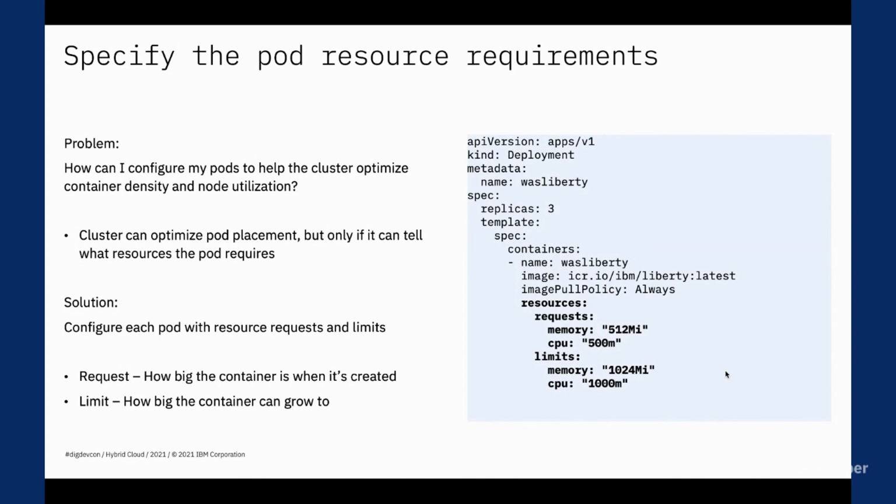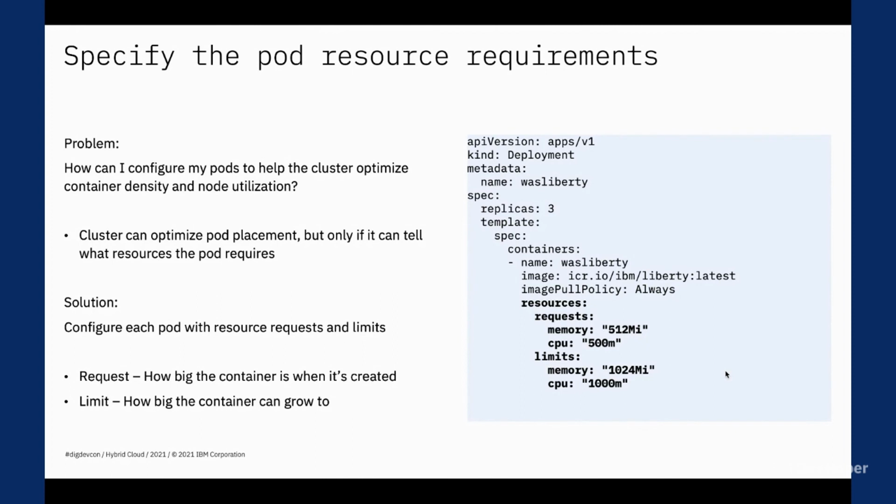The next practice is specify a pod's resource requirements. What it's doing here is the pod is saying the size of the container, what resources it needs to run. So usually that's CPU and memory, and it actually specifies the resources in the pod specification, and it specifies 2 aspects: the requests and limits.